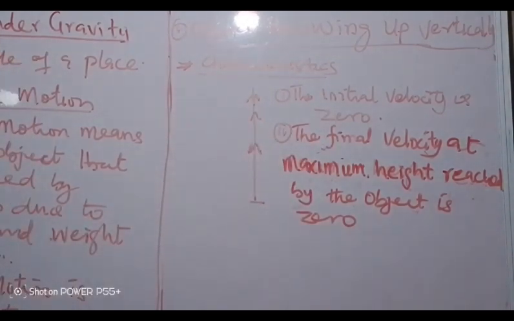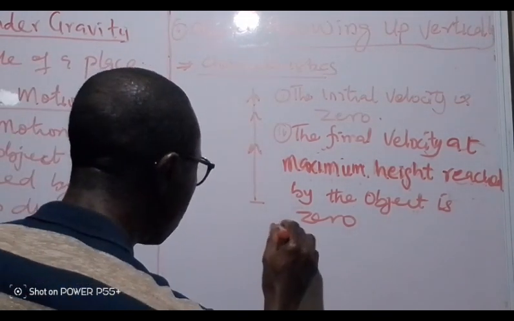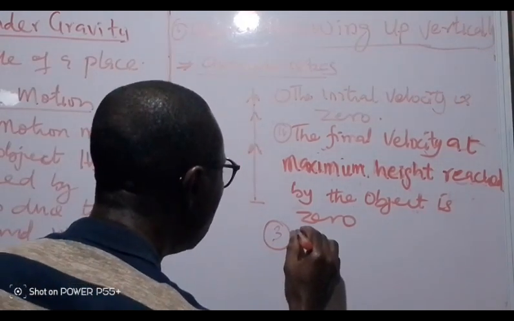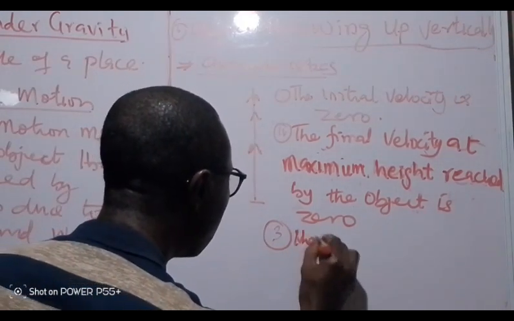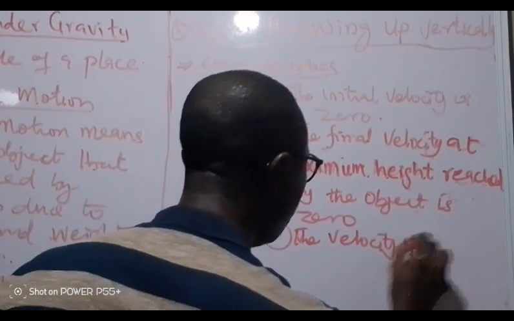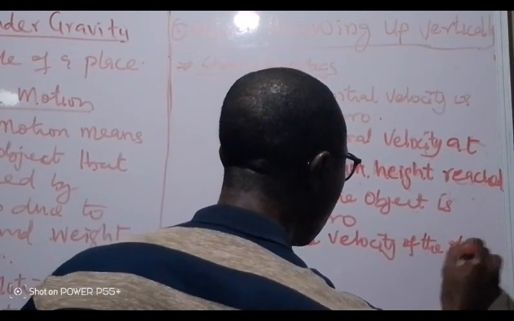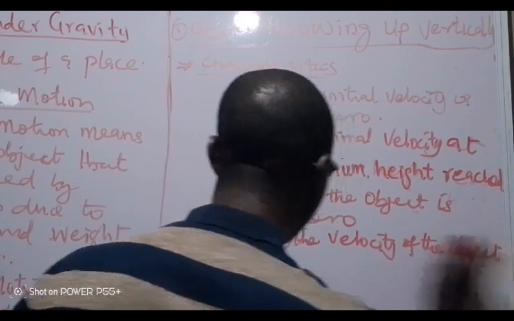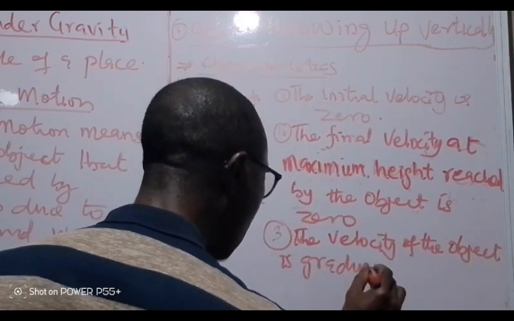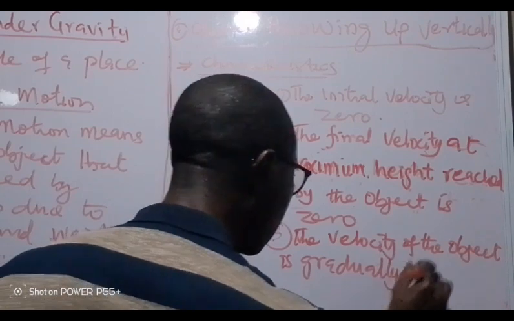Number 3 characteristic: the velocity of the object gradually decreases.